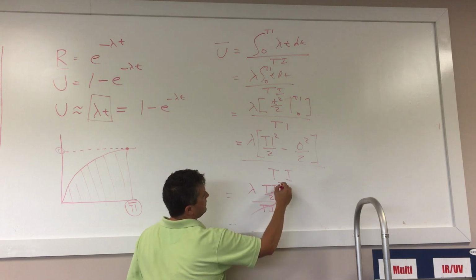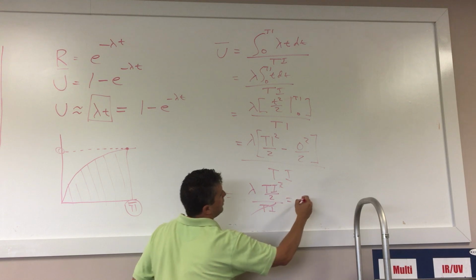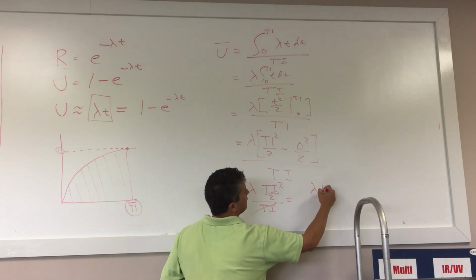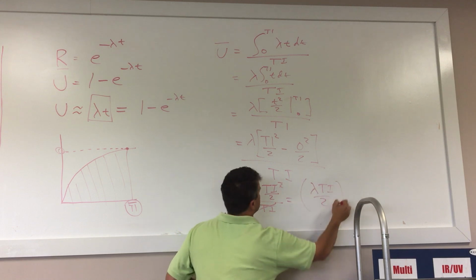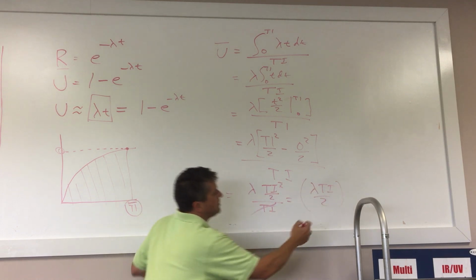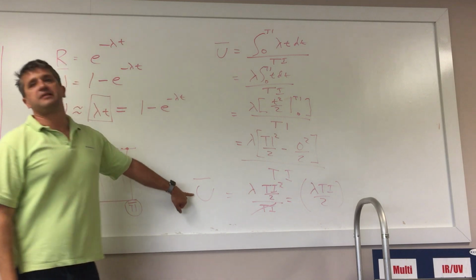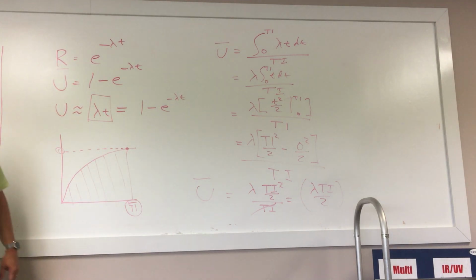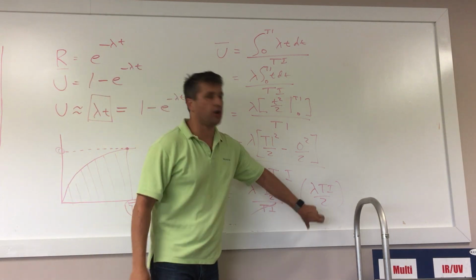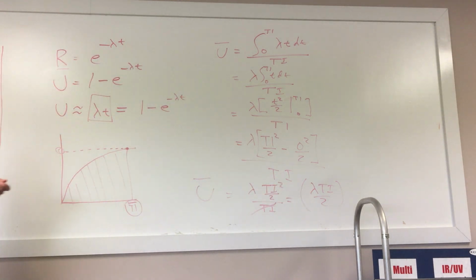Simplify by taking that ti out of the denominator, knocking the square out. Lo and behold, I've got lambda test interval over 2. So this lambda ti over 2 is going to be the average unreliability over the entire test interval. So that's where that unreliability term came from.